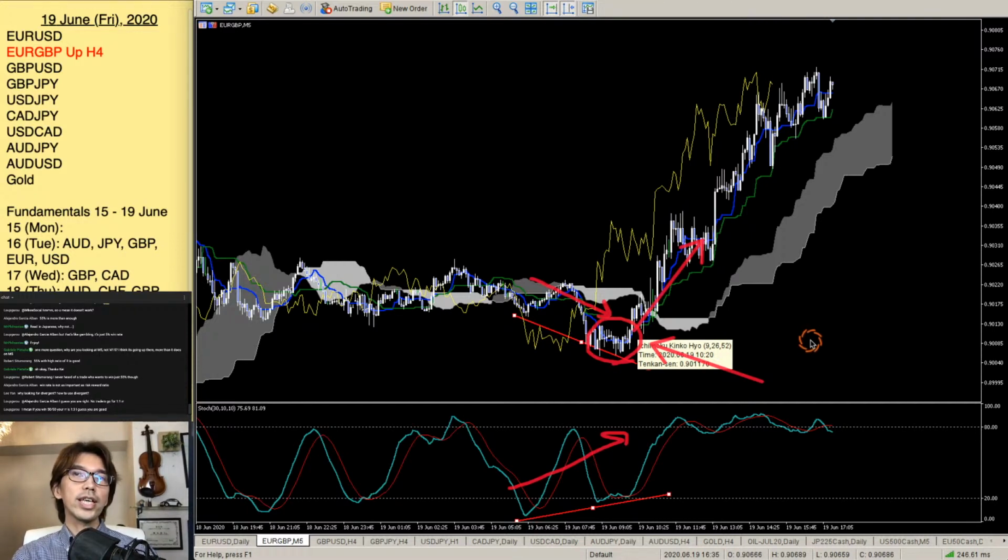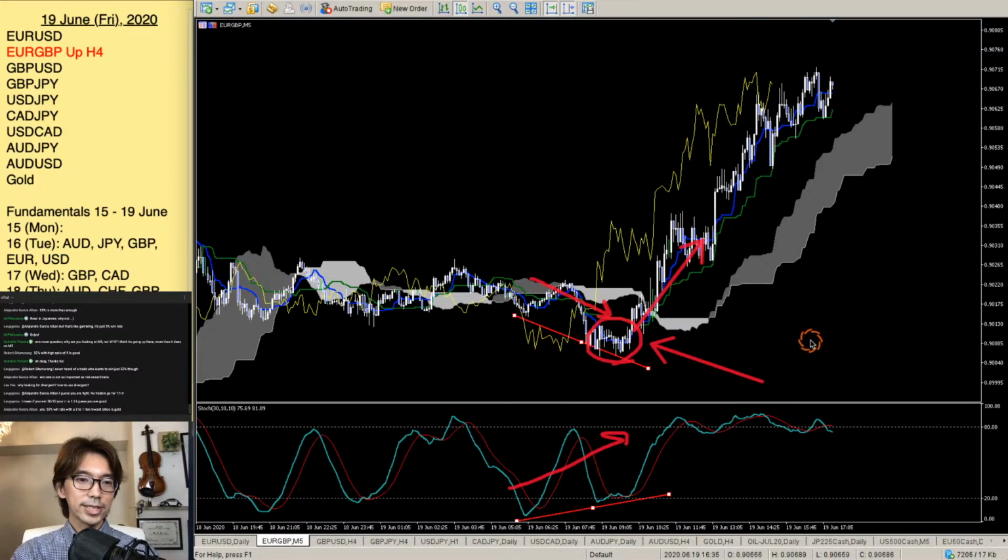This is what I usually look for in the 15 or 5-minute chart. Right now it has already gone up, so it's in the past, but this is a great example where you can find the divergence.